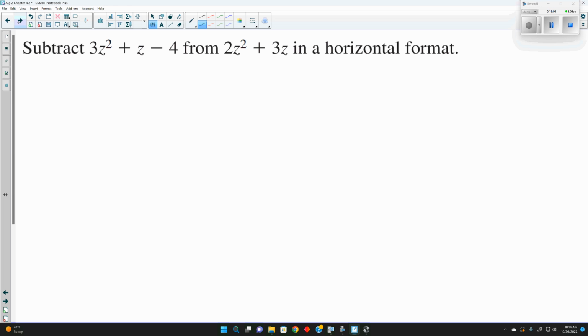So if we want to subtract these horizontally, we have 3z squared plus z minus 4 minus. Unfortunately, no, because our final answer does have z in it, yes? And the z we have here is actually a variable, not a number, correct? So unfortunately, the TI-89 or TI-84 Plus and the TI-30XS need the variable to have a value.